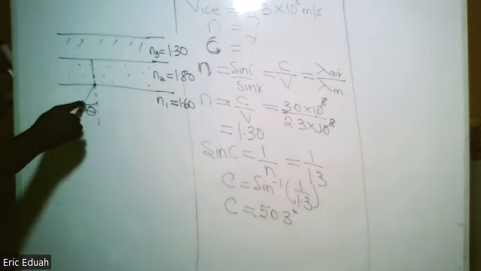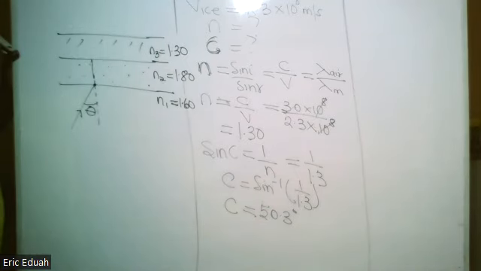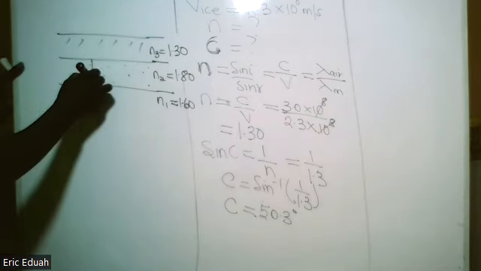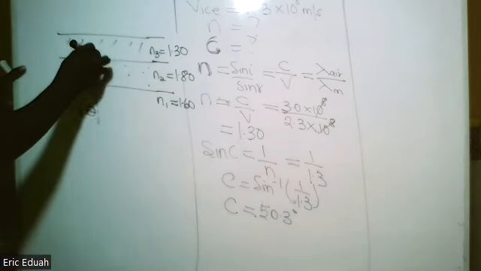The light is moving from a less dense medium into a denser medium. It will move closer to the normal. So it will bend towards the normal. Okay, so this is how it will look like.